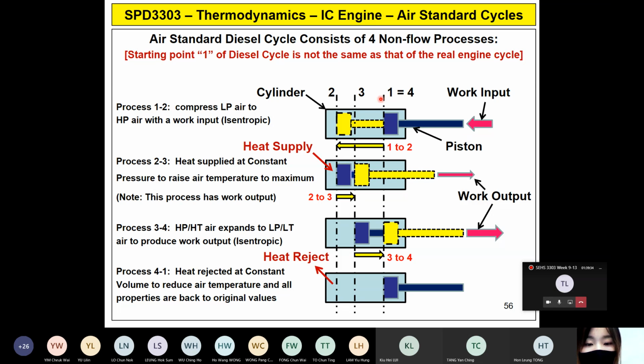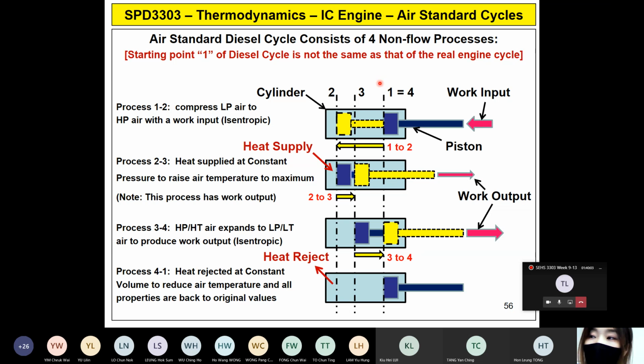Now we are going to have a look at the process for this air-standard diesel cycle. We have air inside. We ignore the intake stroke and exhaust stroke, so that what we have now should be a closed system, right?